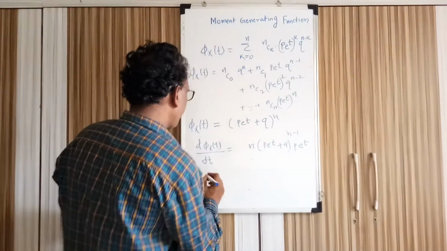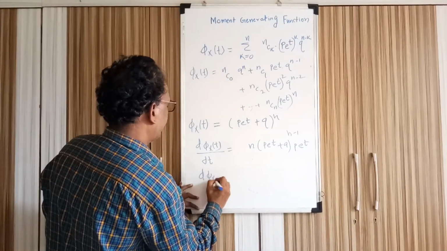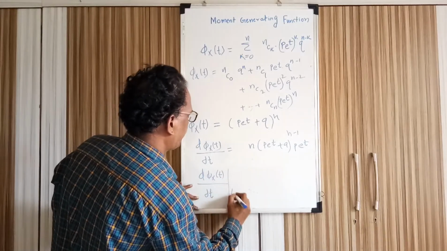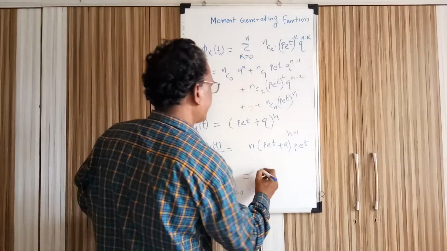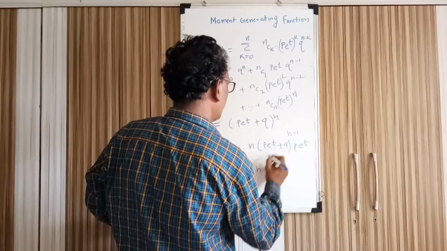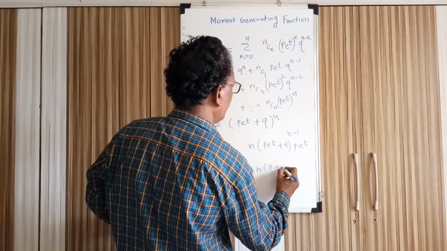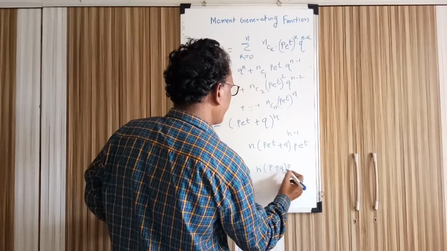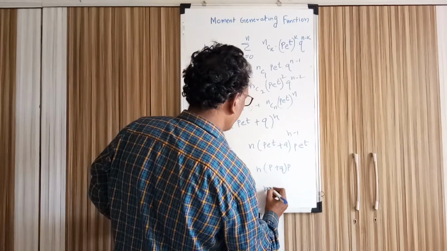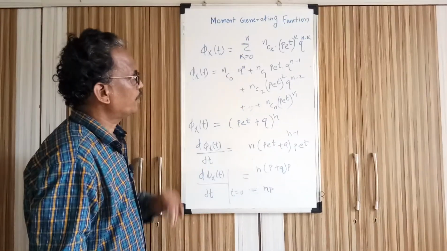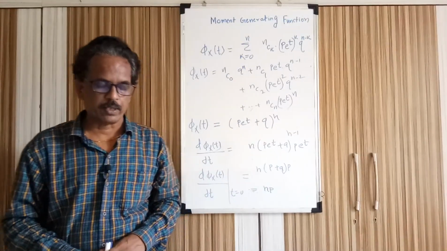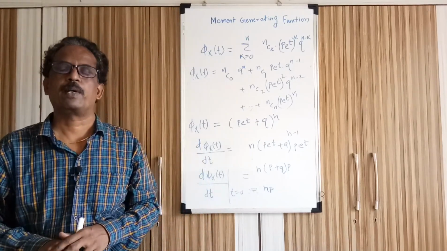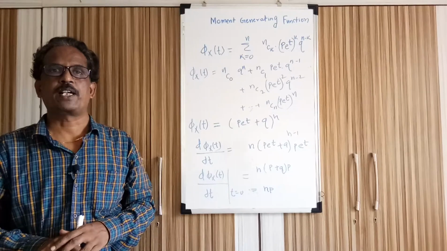Evaluating at t equal to 0, we get n times (p plus q), which is 1, so the answer is np. If you find the mean using the regular process, it takes time; that time can be reduced by using the moment generating function.